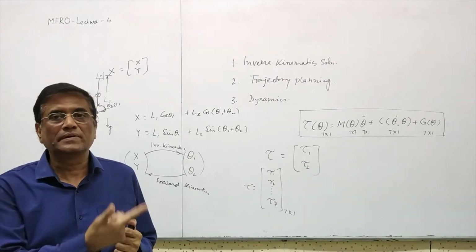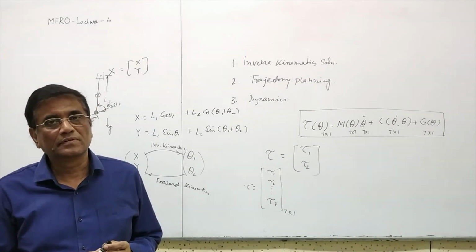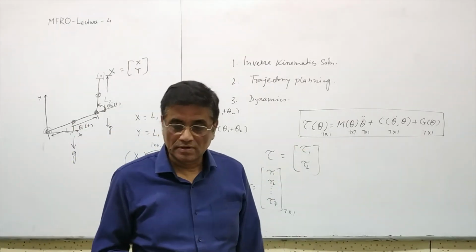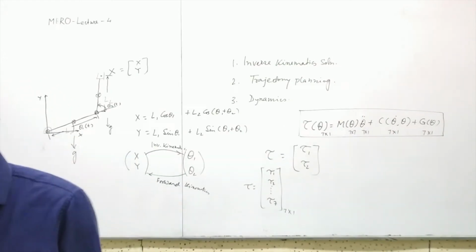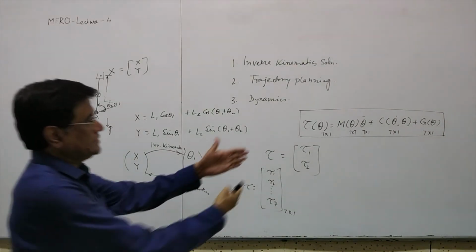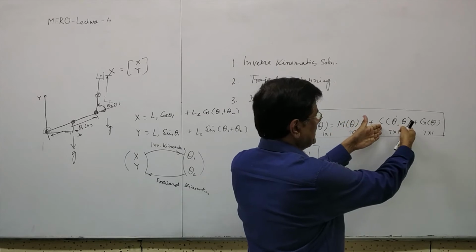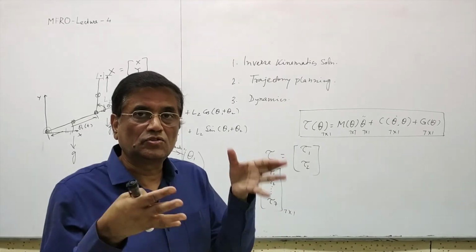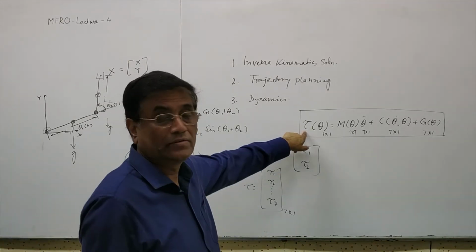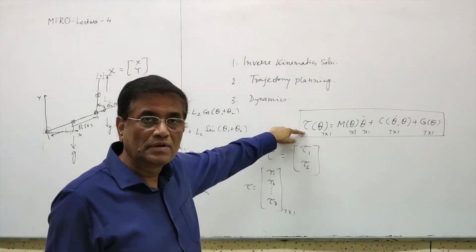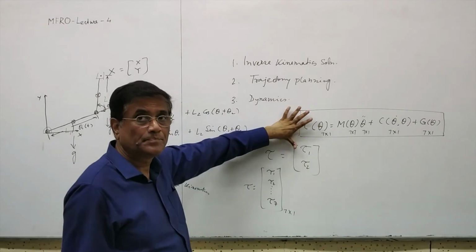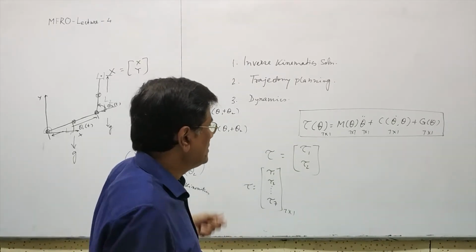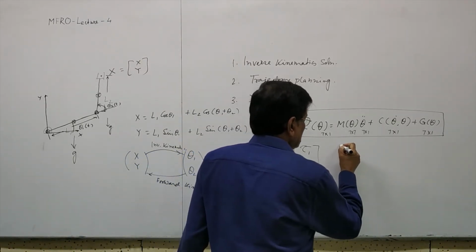So you need a different kind of vector direction, which is known as the Coriolis force after that scientist's name. So this is inertial torque, Coriolis and centrifugal torque, and gravitational torque. These are the three major torques related to the joint torque. So if the joint torque is given, and as a result the robot is moving, that problem is called forward dynamics.